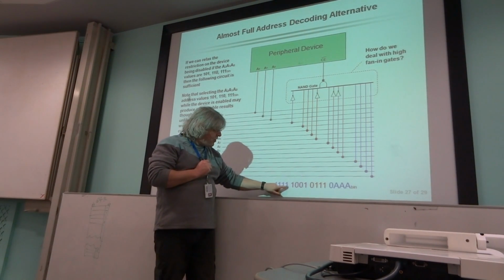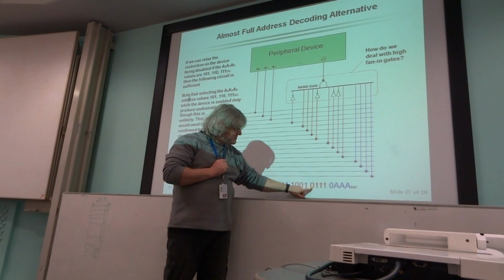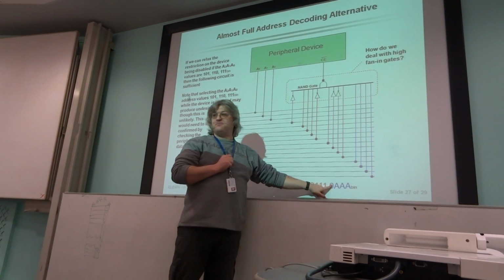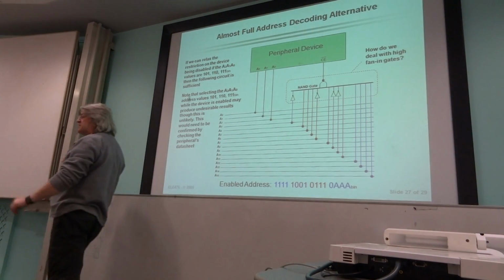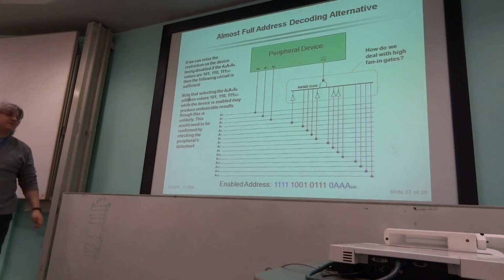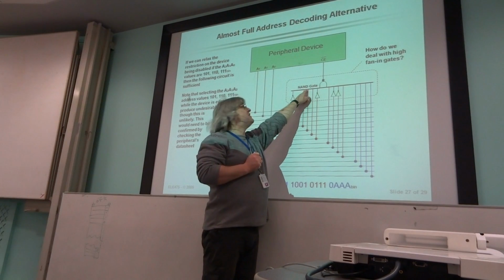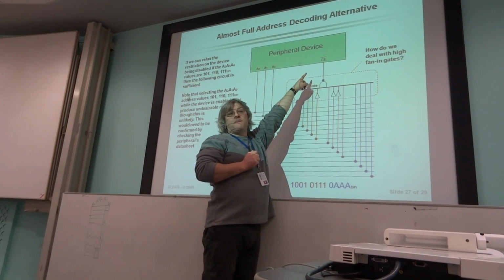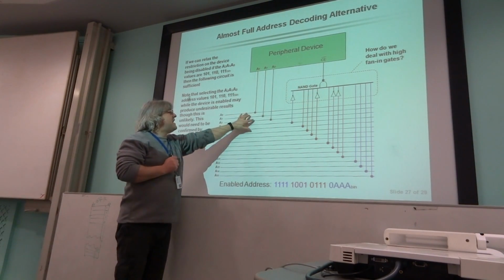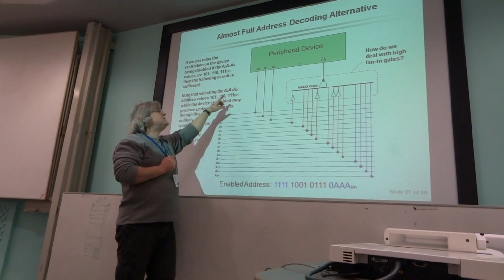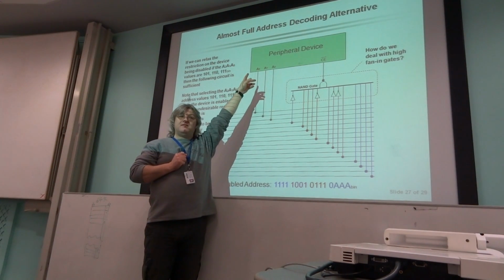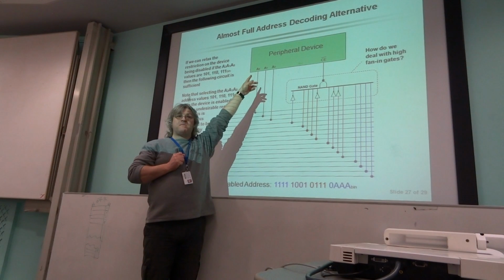So it's 111, 1001, 0111, 0. When the upper 13 lines of the address bus have that particular value, this device will wake up because this address decoding circuit will pull that low. And then A0 to A2 will determine which of the registers in there we're talking to.